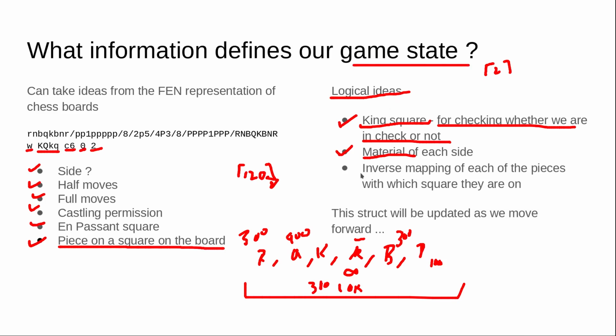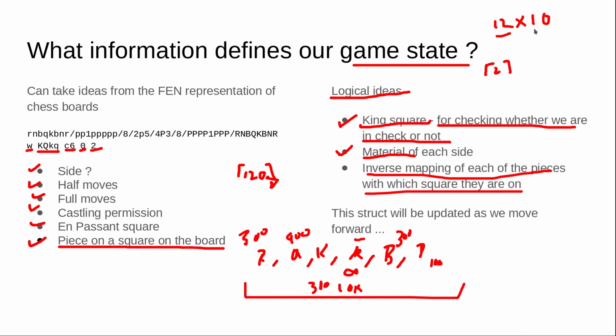And then finally we have an inverse mapping of each of the pieces to the squares they are on. It is going to be a 12 by 10 array. Why 12 by 10? Because we have six pieces on the board on both sides, so that justifies the 12.